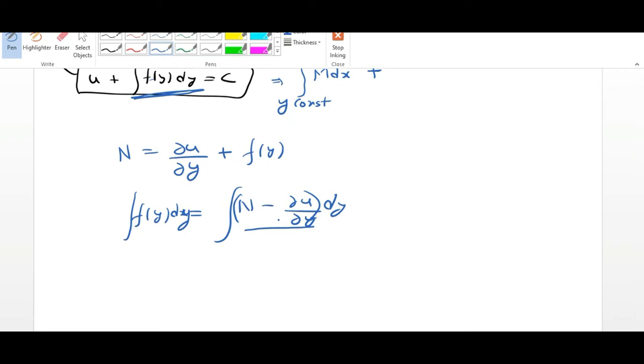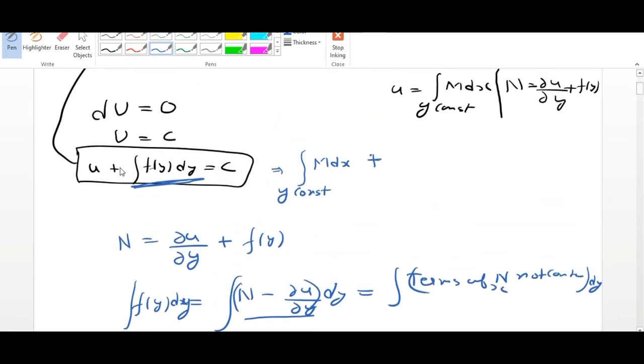This is basically the terms of N not containing x, into dy.